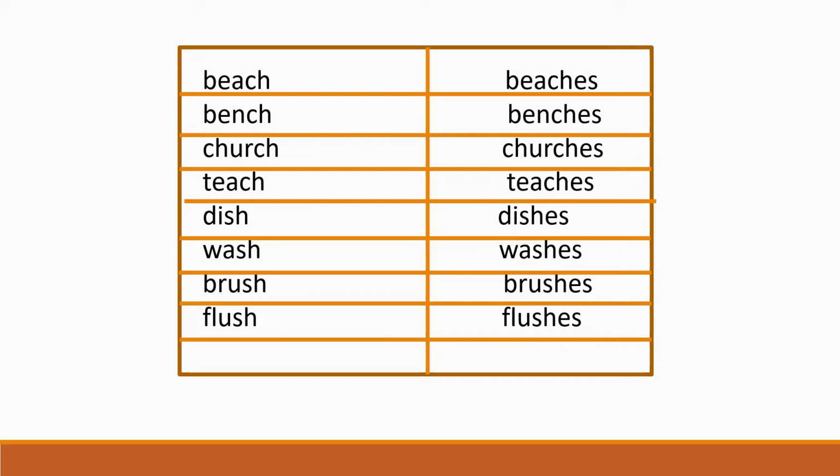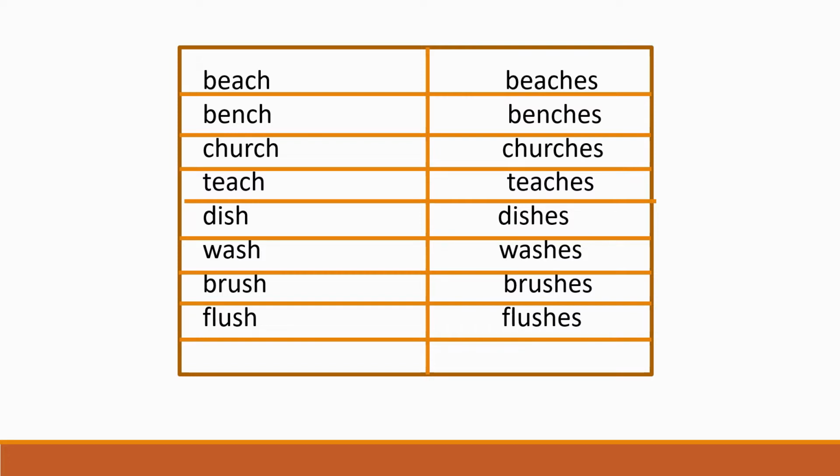Understood, student? So when the verb ends with ch or sh, and the noun is singular, then only you have to add es at the end of the verb. Have you understood, student?